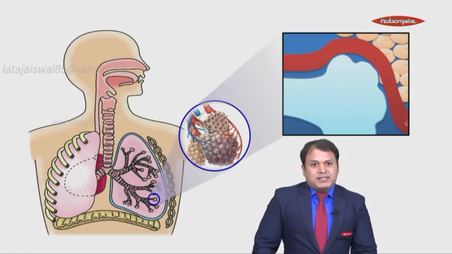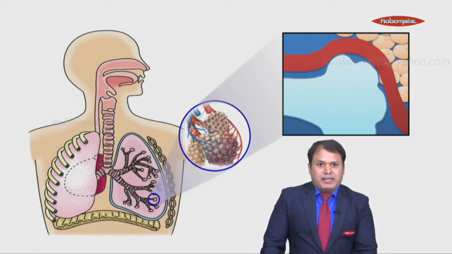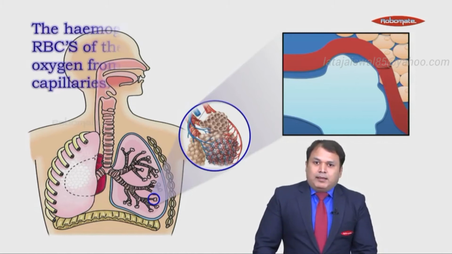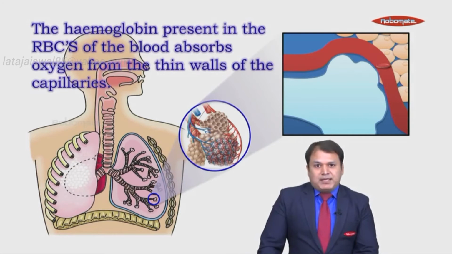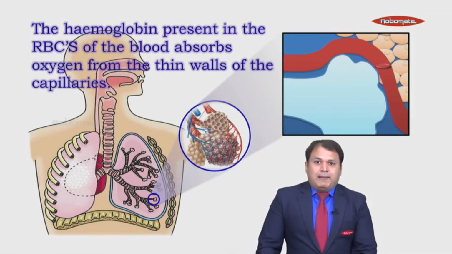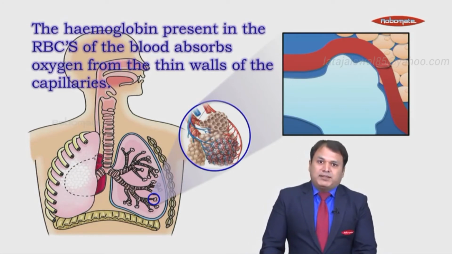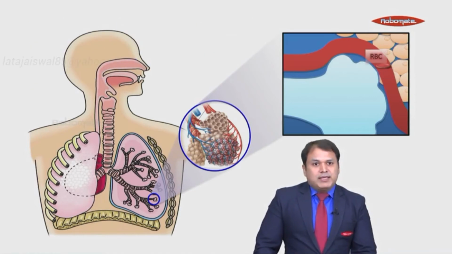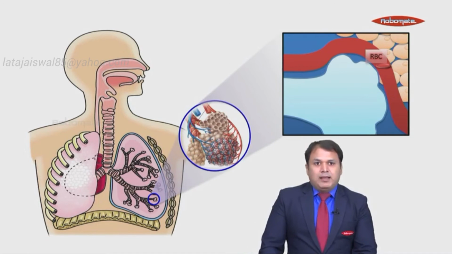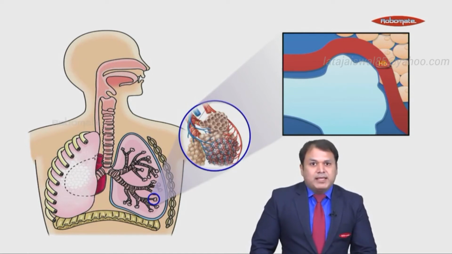These are the red blood cells which are flowing in the blood in the capillaries. Now the hemoglobin present in the red blood cells of the blood absorbs oxygen from the thin walls of the capillaries. So here you can see the RBC, that is a red blood cell, and the RBCs contain a red colored pigment called hemoglobin.